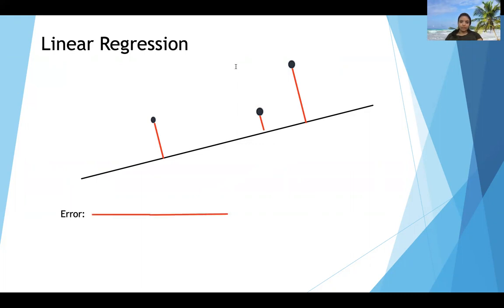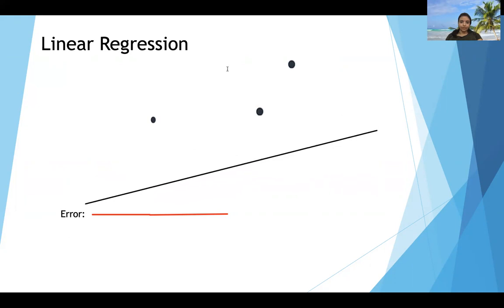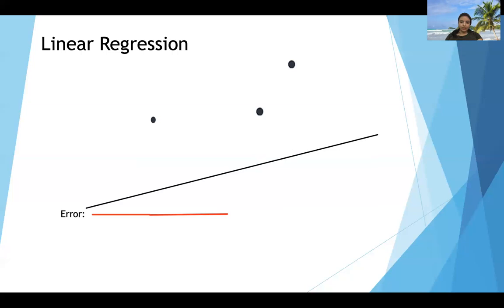And now we will move this line around to see if we can reduce the error. So let's say we move in this direction. And we calculate the error again. And now it is given by the yellow line. And we realize the error has increased. This is not good.